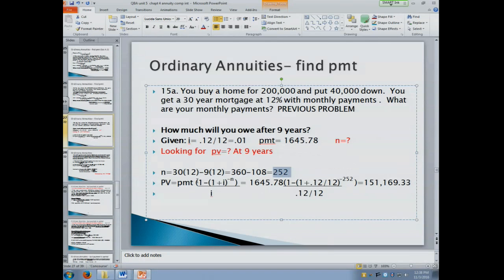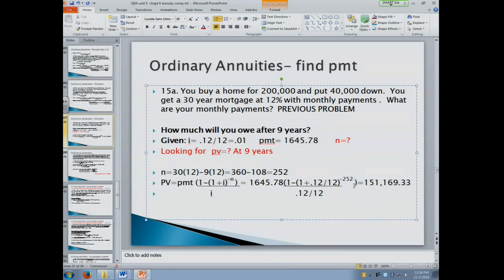So we have our payment, we have I. What's difficult, and where people usually make the mistake, is finding N. We're looking for the present value at 9 years. We have 252 more payments to go.